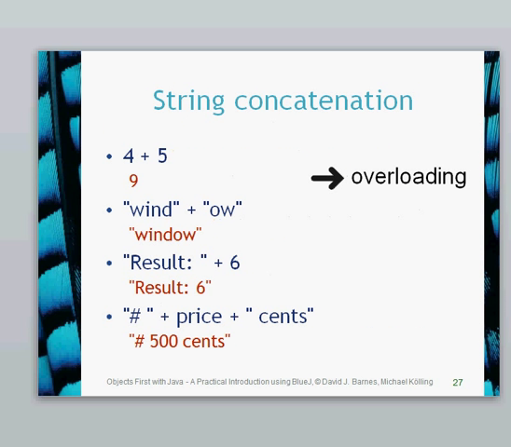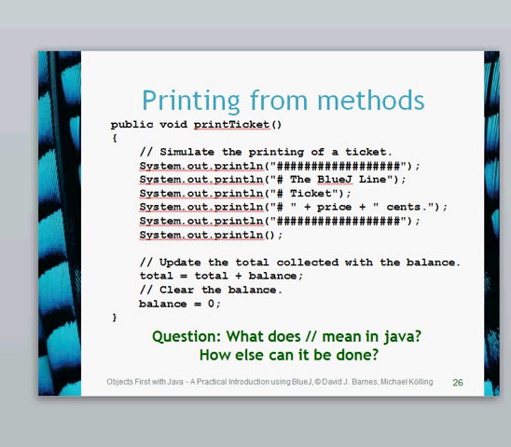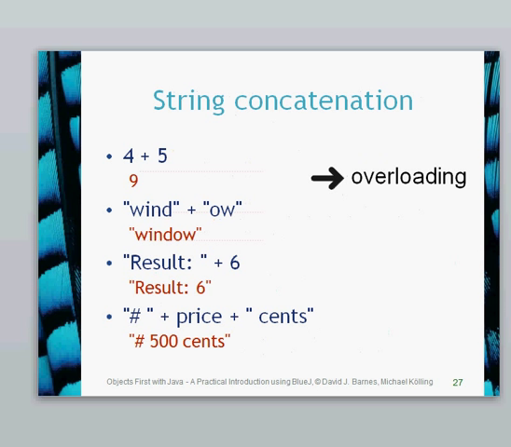If we do a System.out.println of "wind", a little plus, and then "o", we're going to get "windo". If we do System.out.println of "results:", a speech mark, and then plus 6, we're going to get what's shown there.